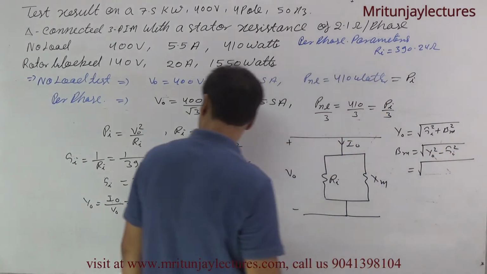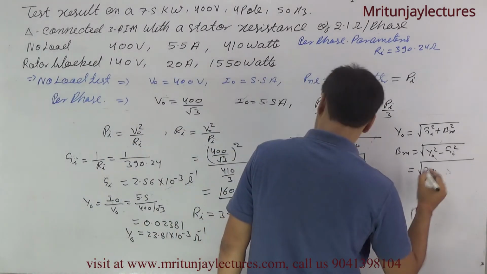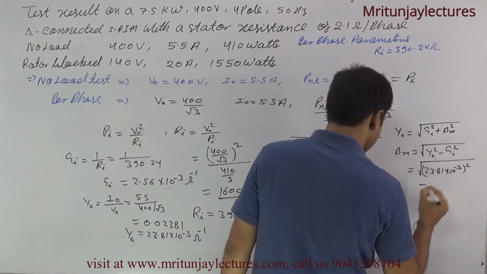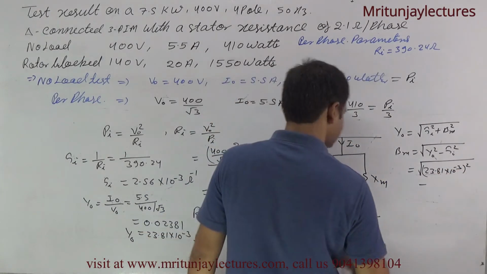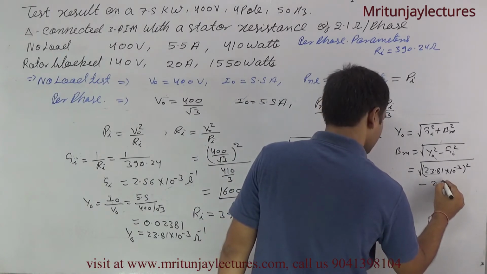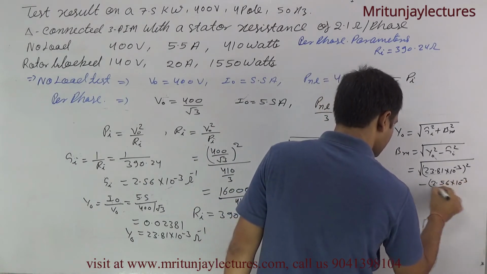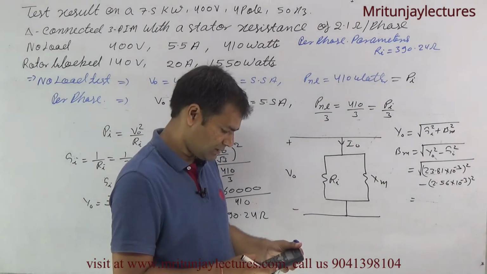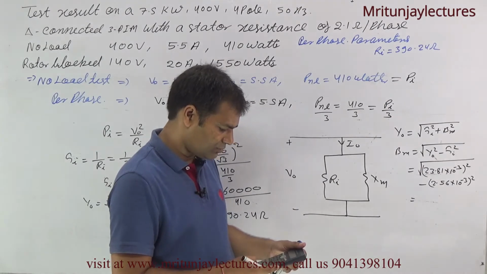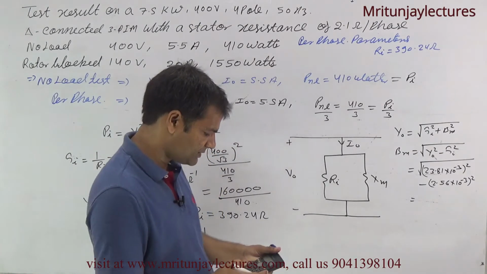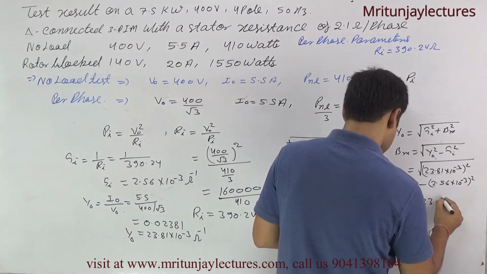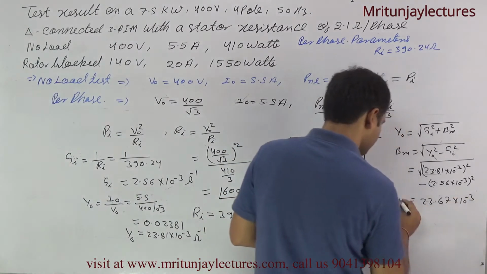So Bm is equal to the square root of Y0 squared minus Gi squared, where Y0 is 23.81 into 10 to the power minus 3, and Gi is 2.56 into 10 to the power minus 3. So 23.81 squared minus 2.56 squared, finally we get 23.67 into 10 to the power minus 3.